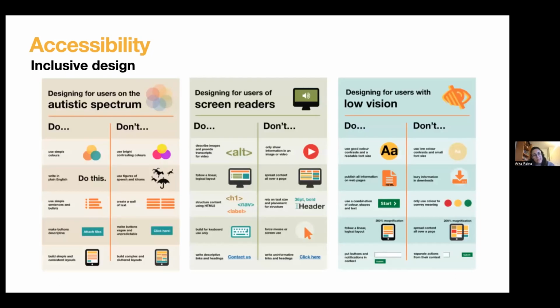Cool. And then here I've got some infographics from the government.uk website about dos and don'ts for designing for people with impairments. If you're visually impaired versus cognitively impaired, you can find these online, and again in the PDF that will be sent over.